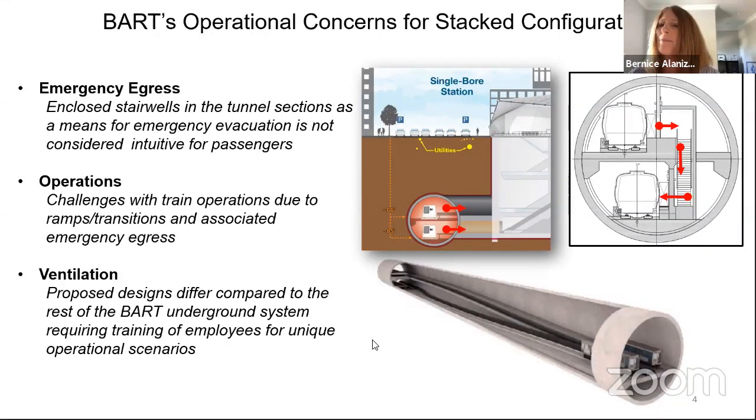The third operational concern is related to ventilation. The designs that VTA did for the ventilation in the tunnel structures also differ from the customary operations of BART, and that would also require some training for unique operational scenarios, especially during emergencies.